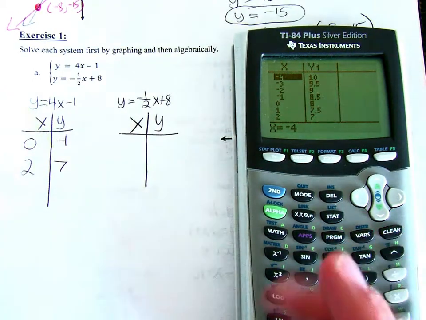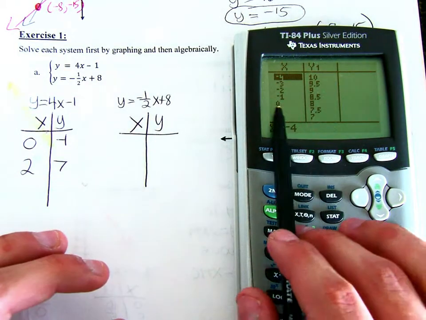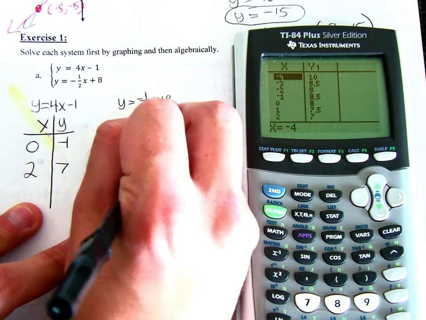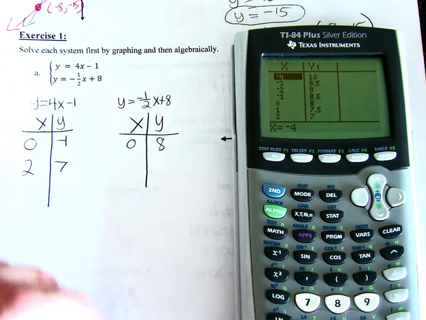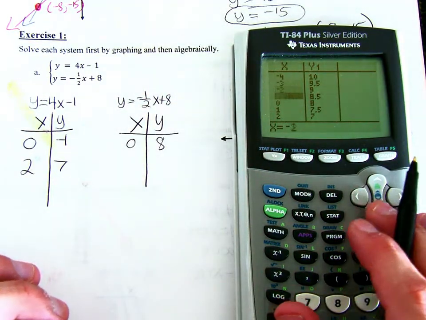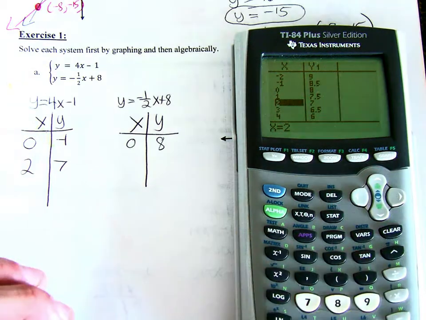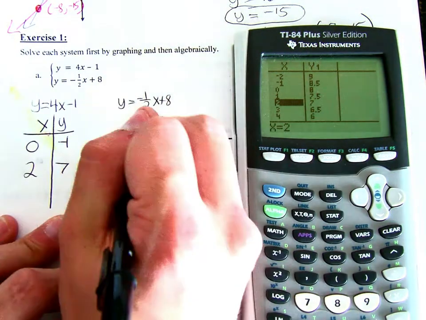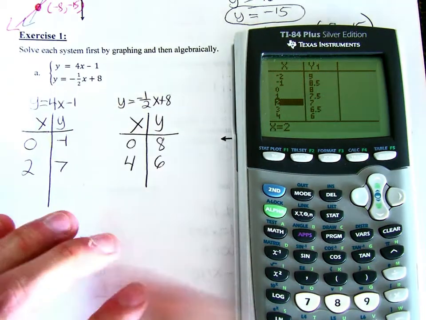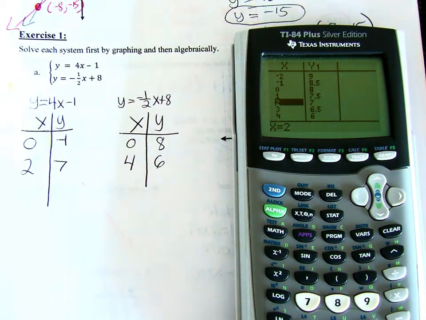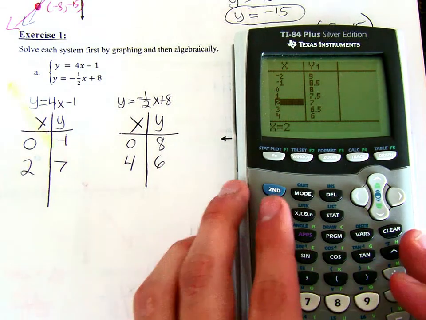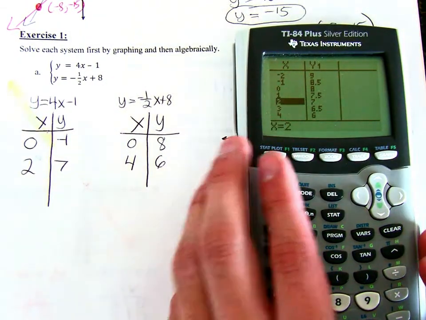I'm just going to pick any 2 values, so I'm just going to pick 0, 8, and I'll pick any ones that I want. So I'm going to pick 4, 6. You can pick any other points that you want. I just picked random 2 points that are solutions to the equation.